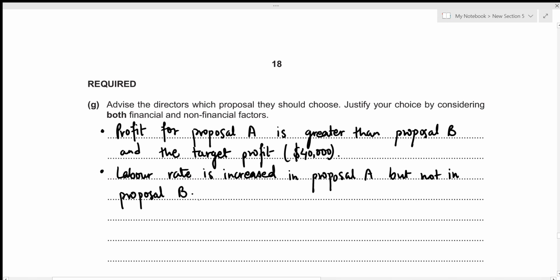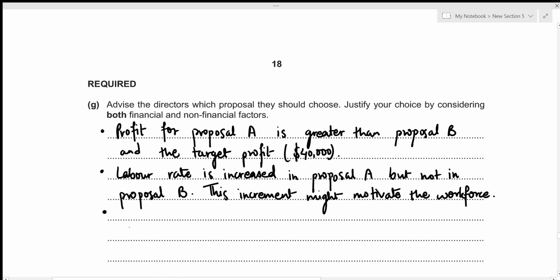So when the labor rate is increased, it definitely has an impact on the motivation of the workforce. So having an increased payment can definitely motivate the workforce to work harder. So that's a plus point as well. We can mention it. This increment might motivate the workforce. Again, proposal A sounds like a better option than proposal B.